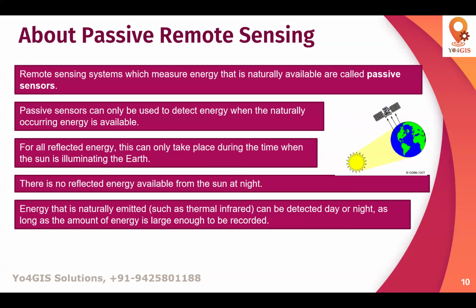The sun is not emitting any energy in night time. Energy that is naturally emitted can be detected day or night as long as the amount of energy is large enough to be recorded. So one thing is, if you have the energy source, you can easily get the information.